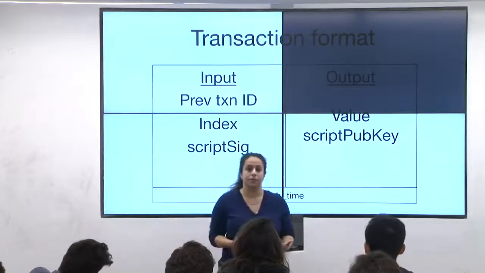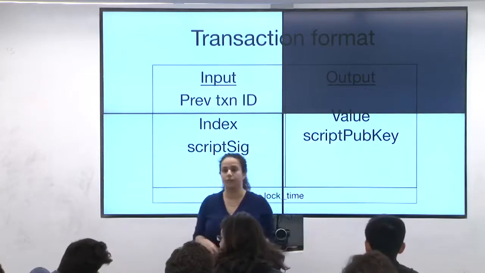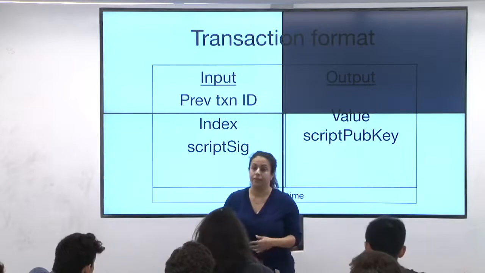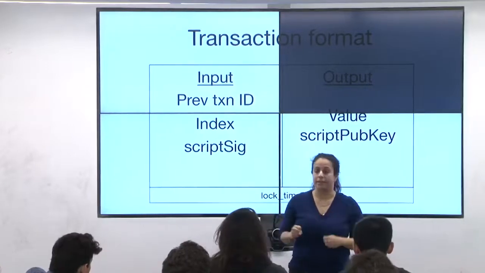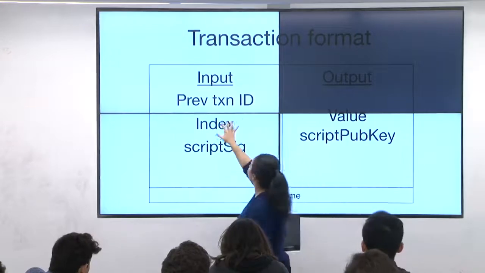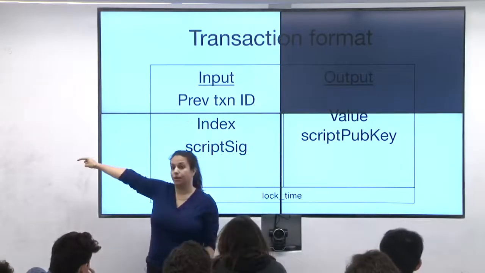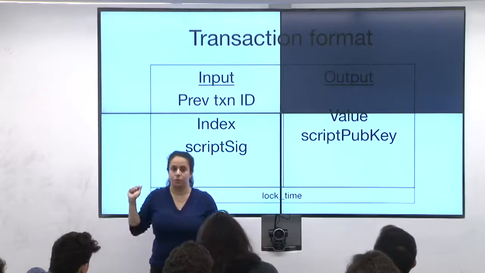Let's say in particular that maybe 12.5 coins have been created out of nowhere, and so there's a transaction that outputs 12.5 coins to Alice. And Alice wants to spend those coins. And so Alice would create a new transaction that points back to the transaction where she received those coins.